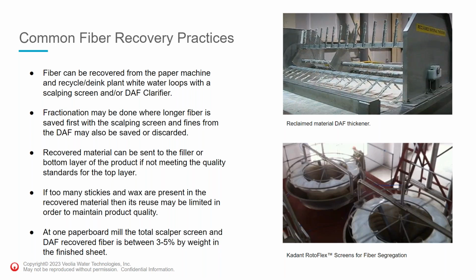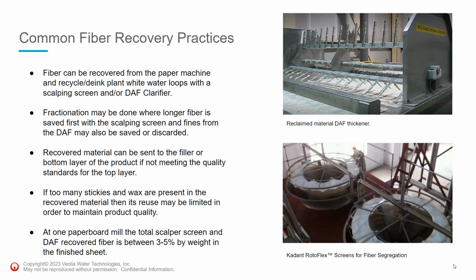The DAF will then do the proper clarification of the water so that the water can be reused. Sometimes that DAF float is not good enough quality because it tends to be finer. So sometimes the fiber at the top of the DAF may or may not be recoverable, depending on the product that's being made. So this is kind of a fractionation process where you have some kind of scalper screen to get the longer fiber, followed by a DAF.